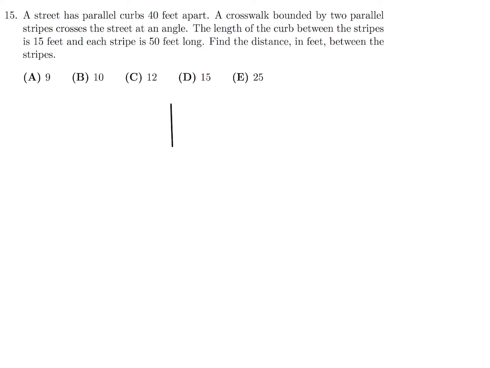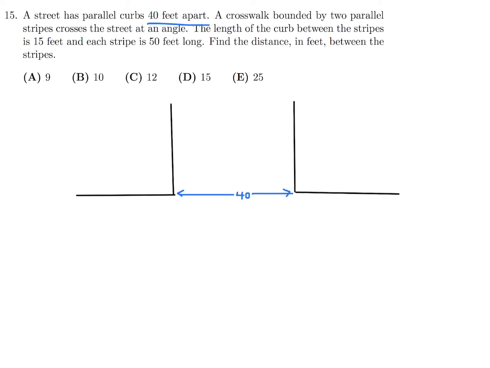Okay, so let's draw a diagram. We've got a curb. Here's one curb, and here's another curb. And they're saying that these two curbs are 40 feet apart. Okay? So this distance here is 40. All right?